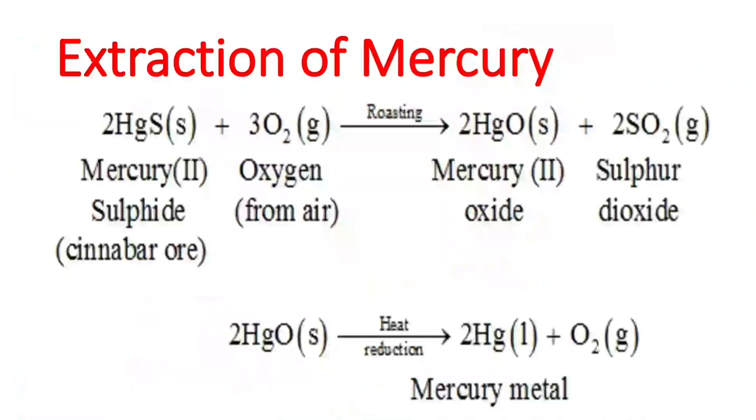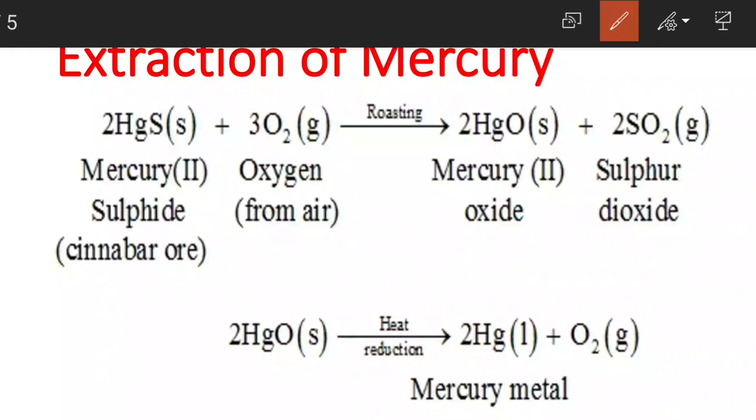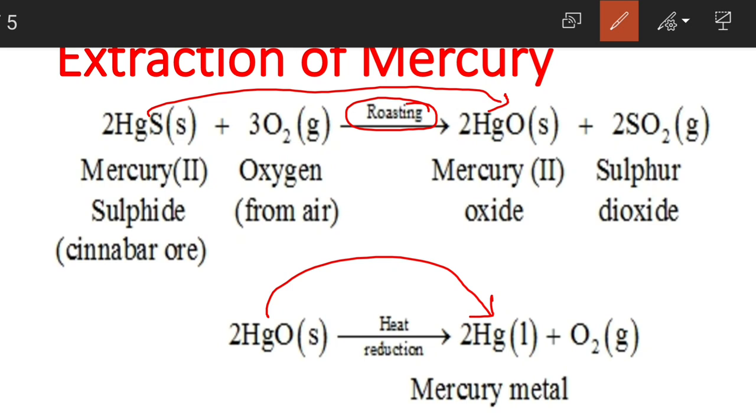If you want to know the details, HgS has been converted to HgO by roasting, the first thing that you have to understand. After that, this HgO has been converted to Hg, so the oxygen is removed, and we know that removal of oxygen is called reduction.